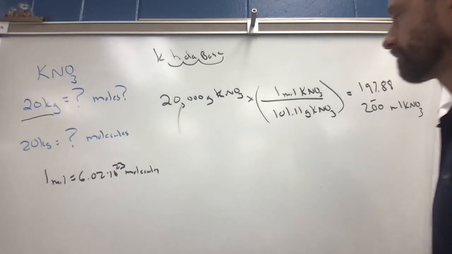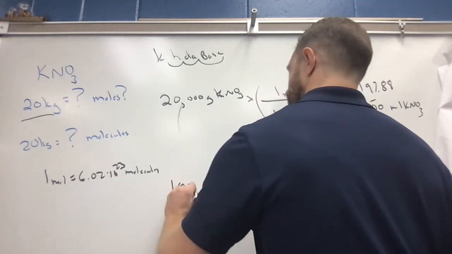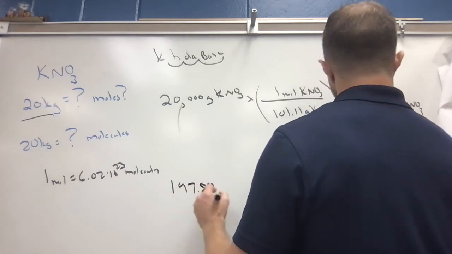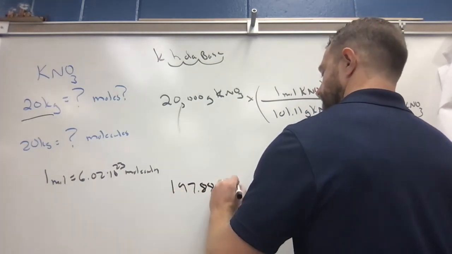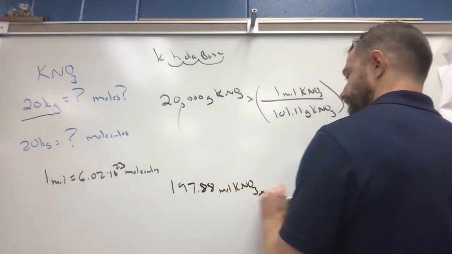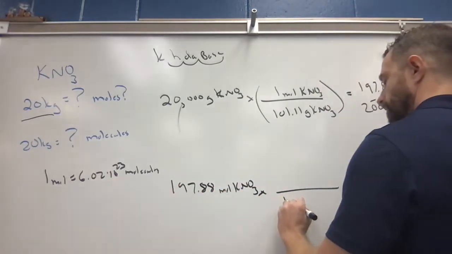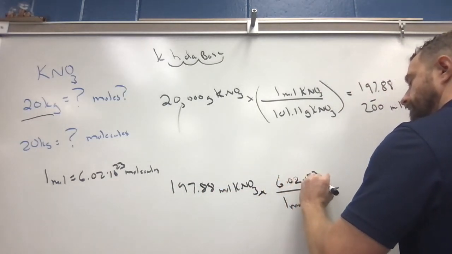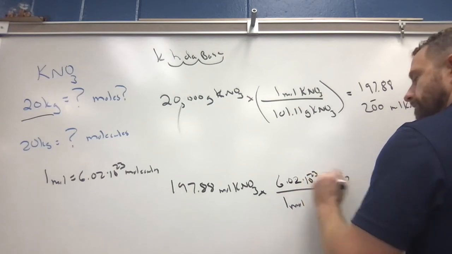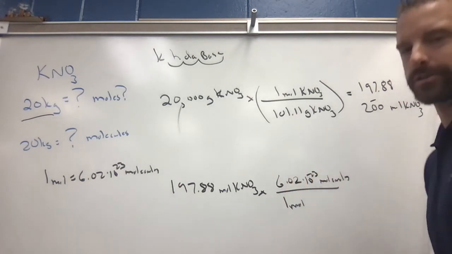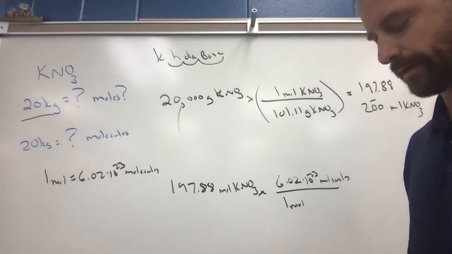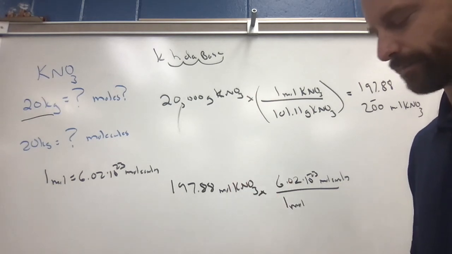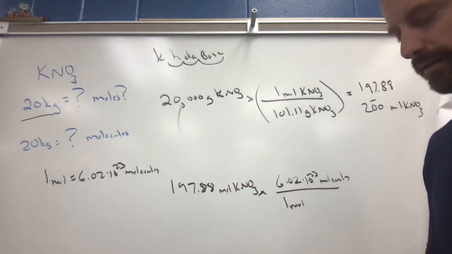So if I've got 200 moles, I'm going to use the unrounded one for the calculations, right? So this many moles of potassium nitrate. Well, for every 1 mole, it's 6.02 times 10 to the 23rd molecules. Really, molecules is typically a thing we talk about with covalent things, and this is ionic, but it's still an individual particle kind of.